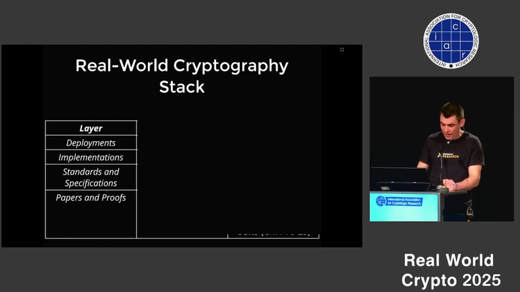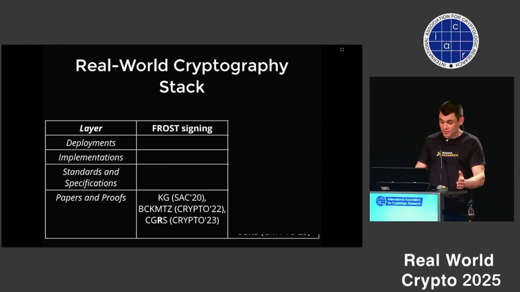So let's take a step back and look at what we can call the idealized real-world crypto stack. Layers from bottom to top are papers and security proofs, standards and specifications, implementations, and deployments. For FROST signing, we have established papers with thorough proofs such as the original FROST paper and follow-up works.